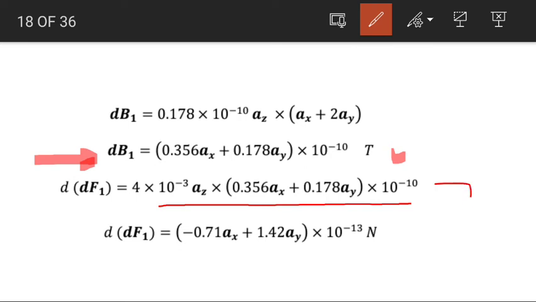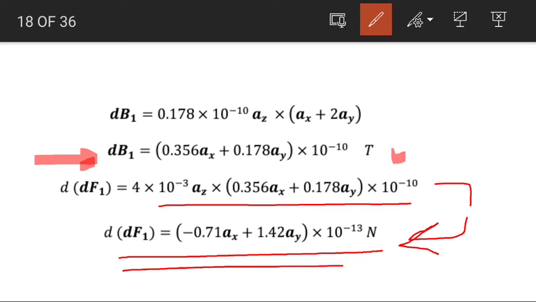We simplify this equation, and the simplification of this equation gives you the differential force which is experienced by the first differential current element, and this differential force is 0.71 AX plus 1.42 AY into 10 raised to power minus 13 Newton.